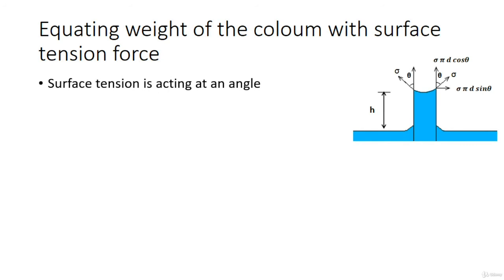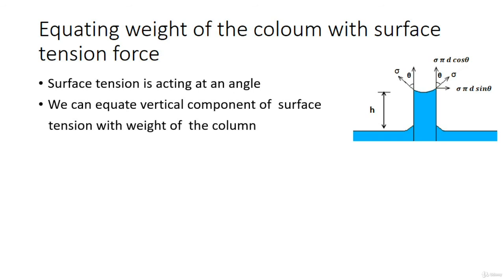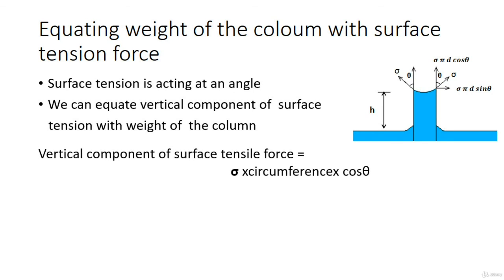Equating the weight of the column with the surface tension force. Surface tension force is acting at an angle. Let us consider the picture in which the surface tension force is acting at an angle theta all around its circumference. So, we can equate the vertical component of the surface tension force with the weight of the column. The vertical component of the surface tension force is equal to sigma into circumference into cos theta, that is equal to sigma into pi d into cos theta.